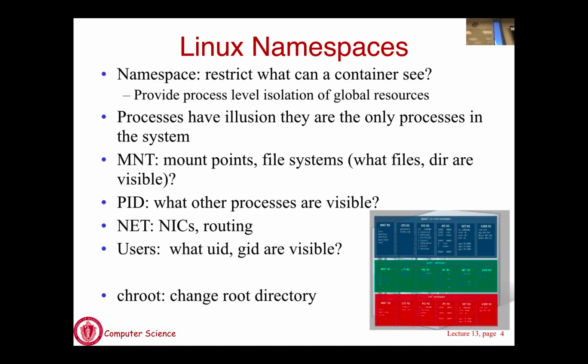So, the presence of other processes is not even known to you. Hence, you cannot even send a message to such a process, because it will just look like you are sending a message to a non-existent process. So, you will not see process IDs, you cannot send messages, you cannot do any signaling. All of that is limited once you actually put a process in a namespace.